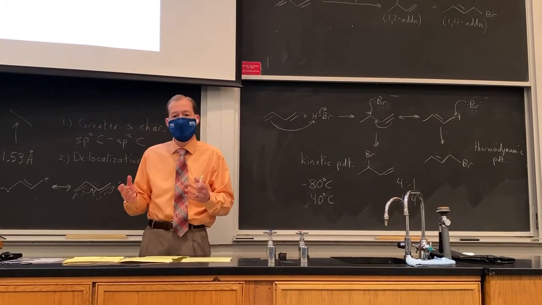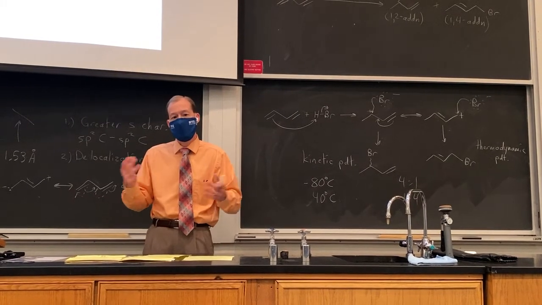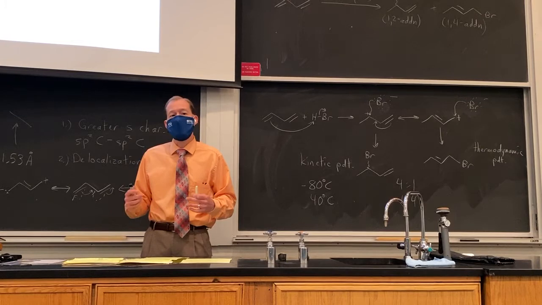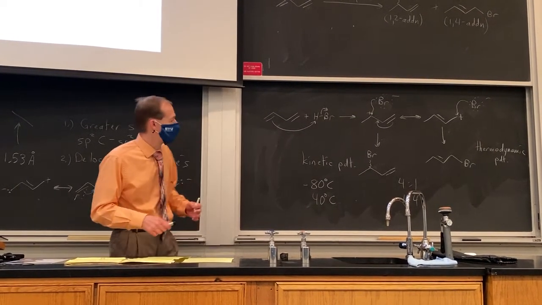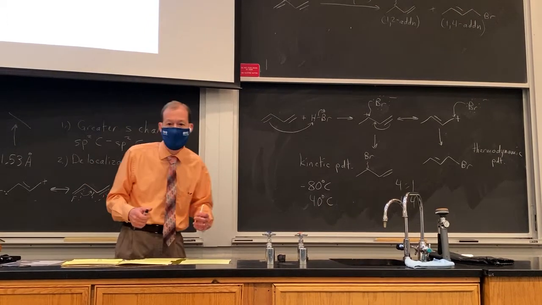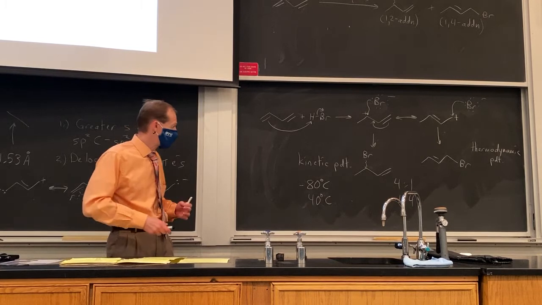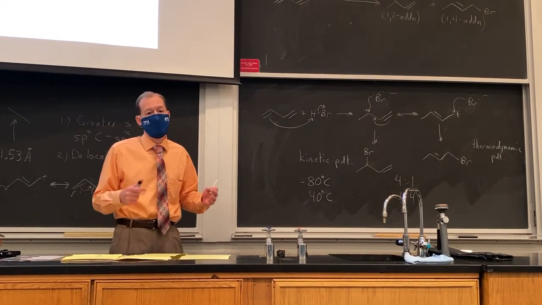But when you have a temperature that allows you to reverse the reaction, to break the carbon-bromine bond, then through equilibrium, you're able to obtain the more stable product as the major product. So as the reaction unfolds at 40 degrees, we start out with the kinetic product as the major product. But over time, we end up with the thermodynamic product as the major product.